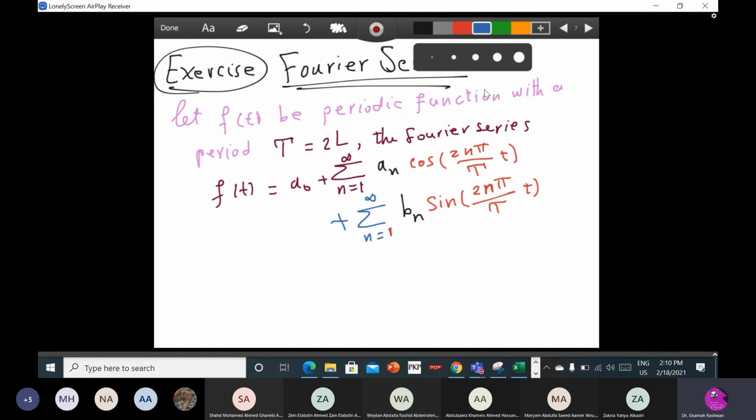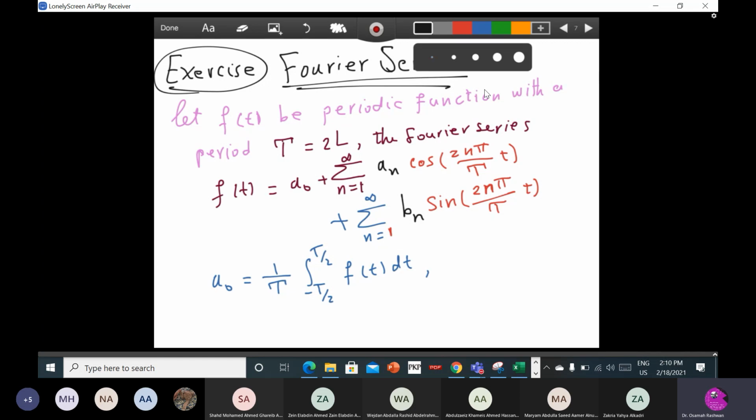My first coefficient, a naught, is equal to 1 over T integral from minus T over 2 to T over 2 of my function, without multiplying by anything, dt. This is a naught.